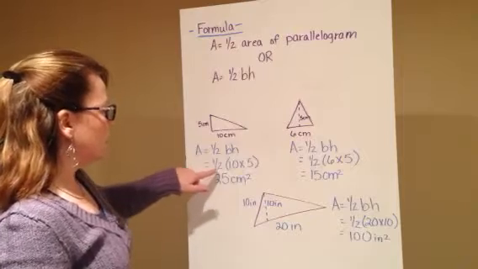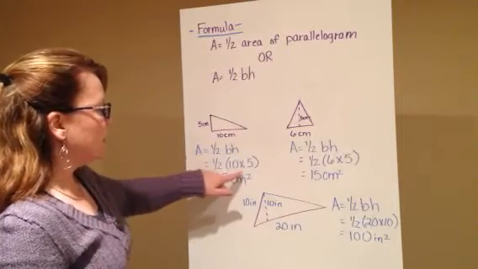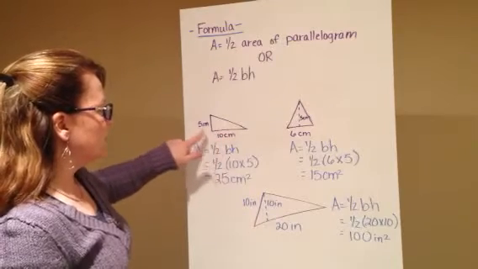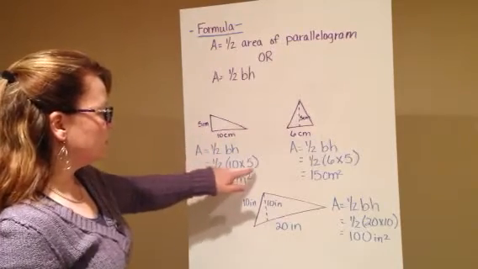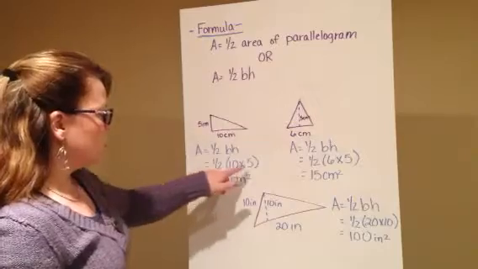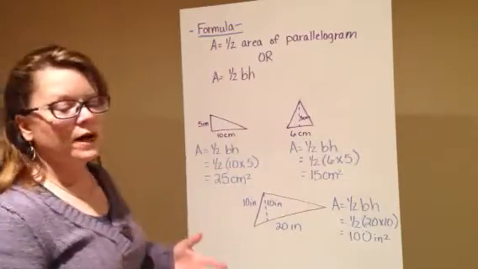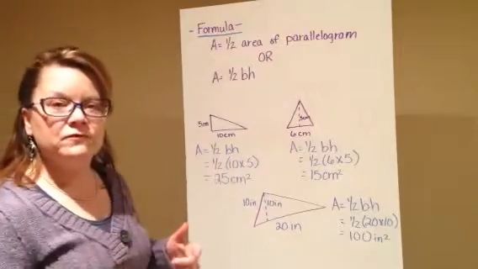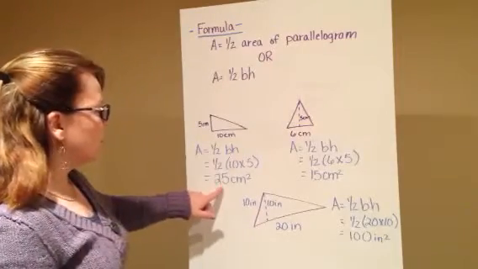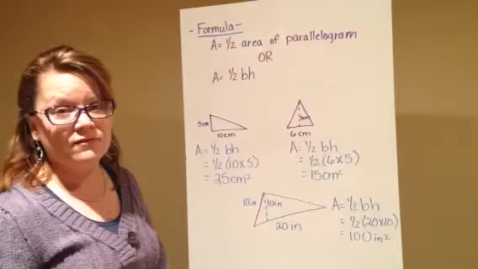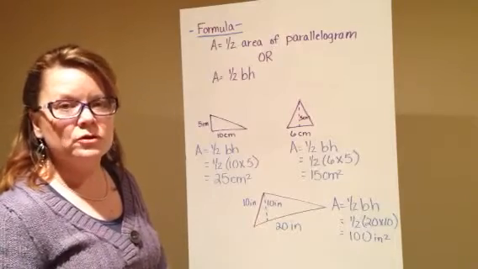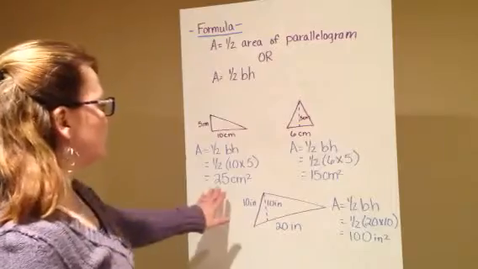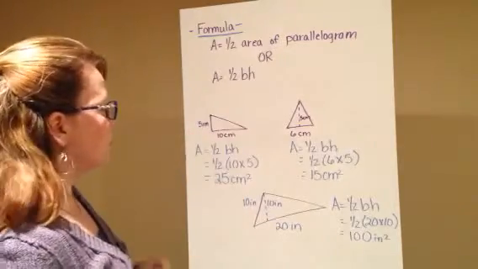And then, again, I'm going to put that 1/2, and in parentheses, I'm going to write my base number and my height number, 10 times 5, and then I multiply those together. Well, 10 times 5 is 50, and I need to take half of 50. So my area for this triangle would be 25 centimeters squared. Don't forget your units there. Okay, so 25 centimeters squared for this example.